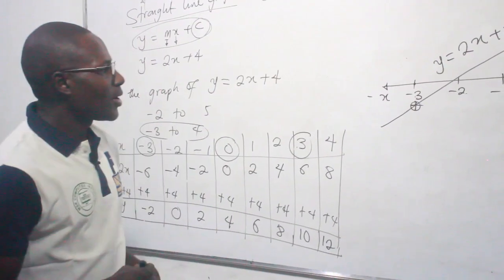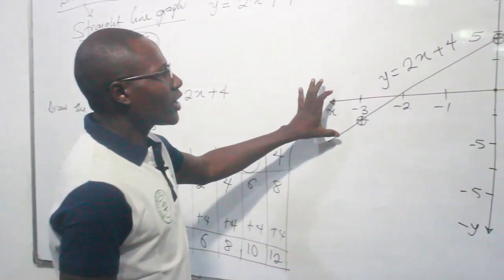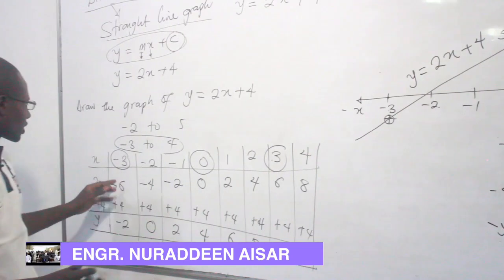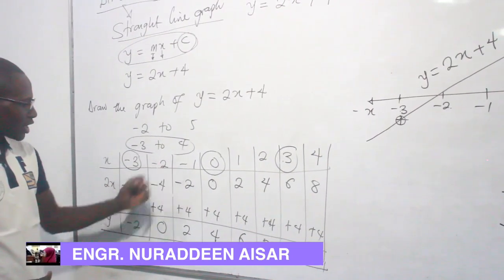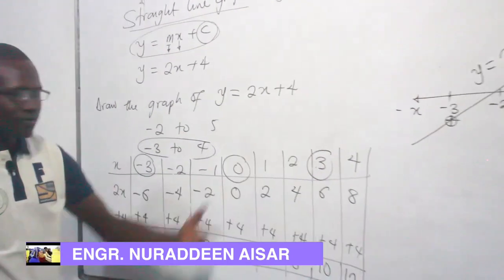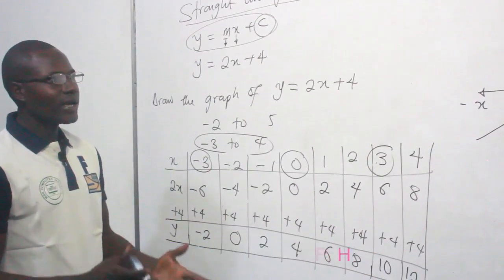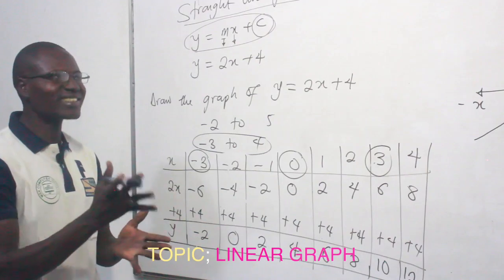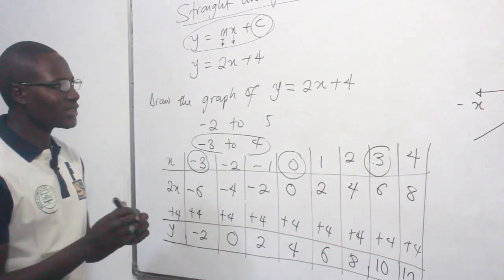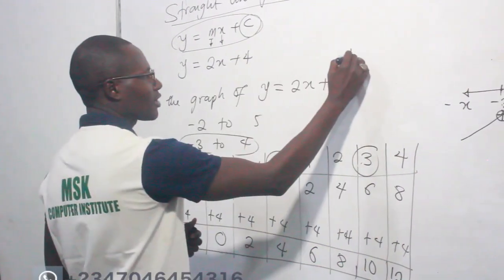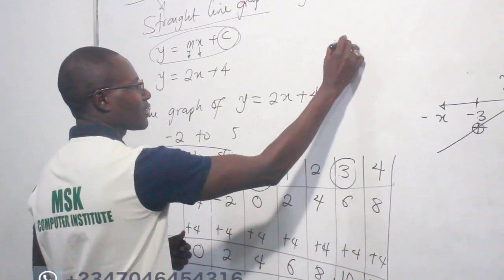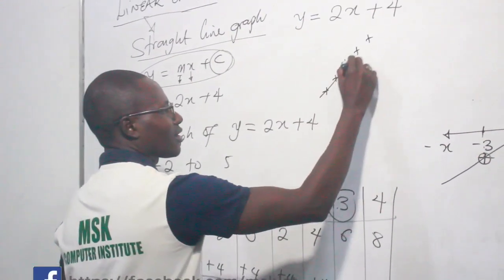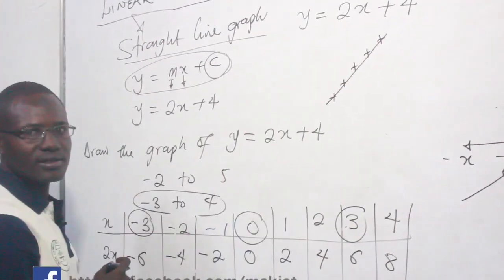Welcome back. Now, looking at the graph, some students may ask, why do we ignore -1, -2, 1, 2, and 4? It is because in a straight line, the higher the numbers, the neater the graph. For example, if I have a line like this, look at how the line is.